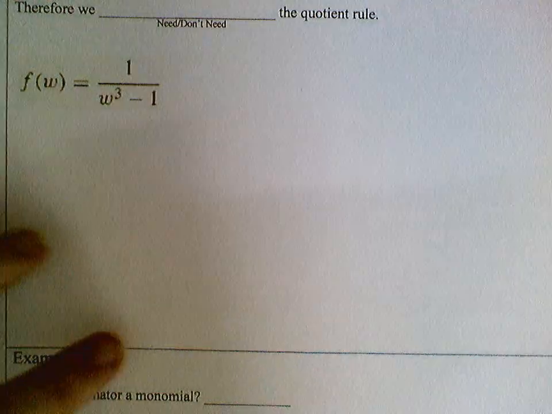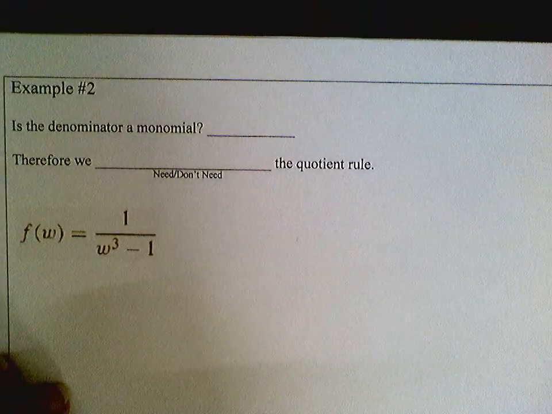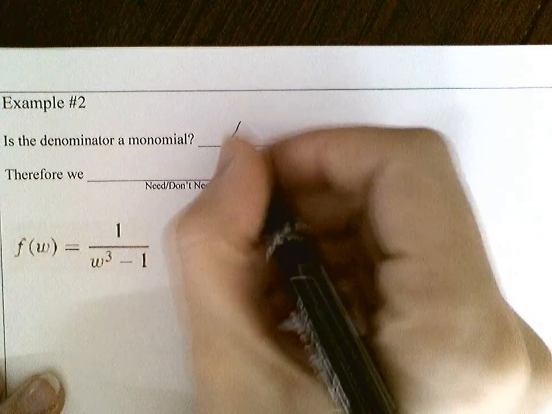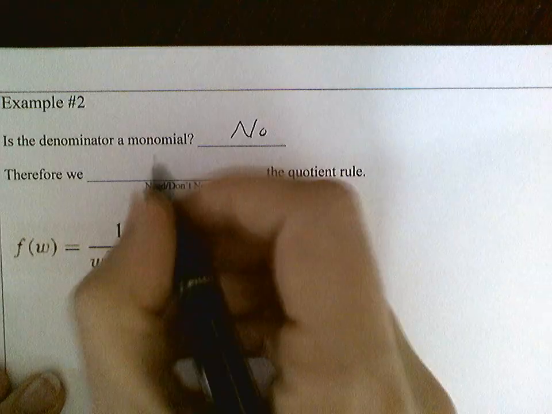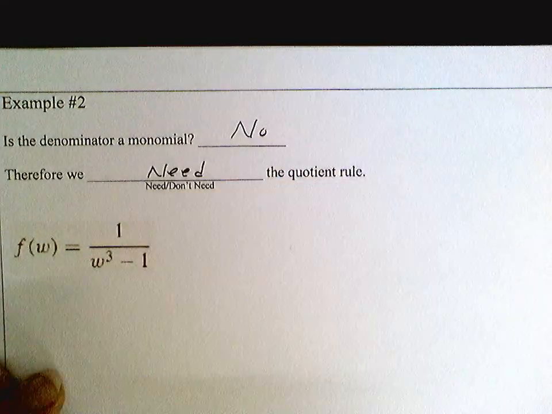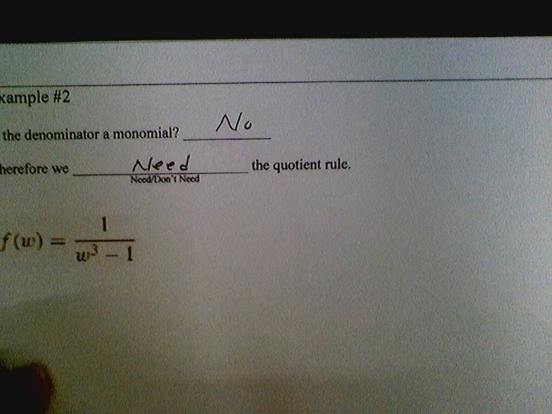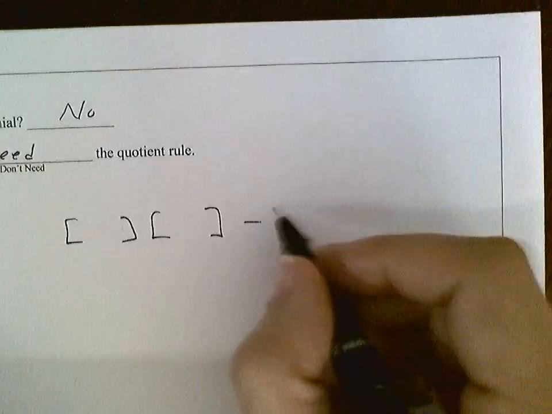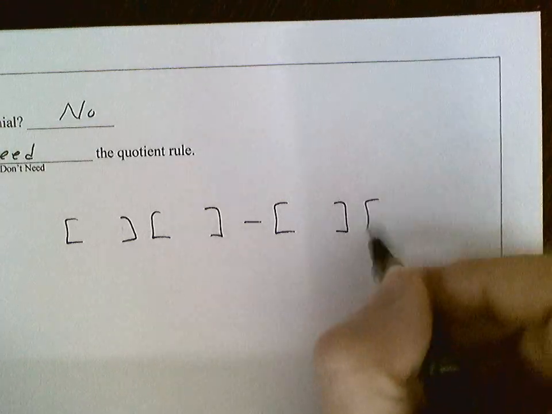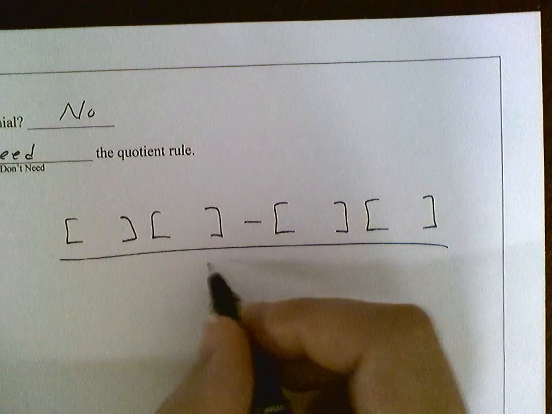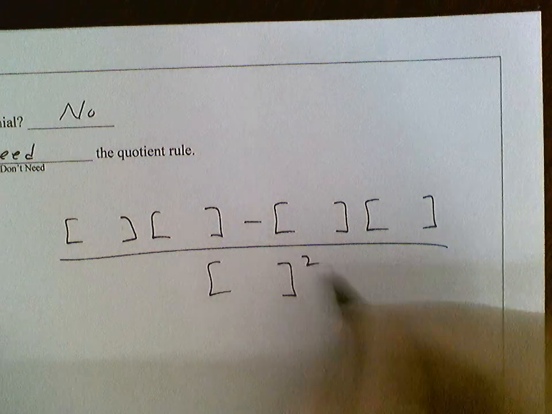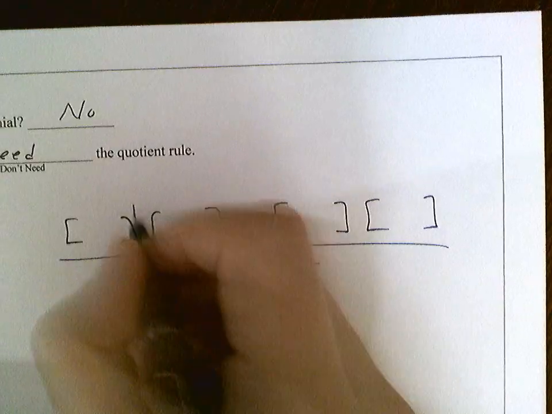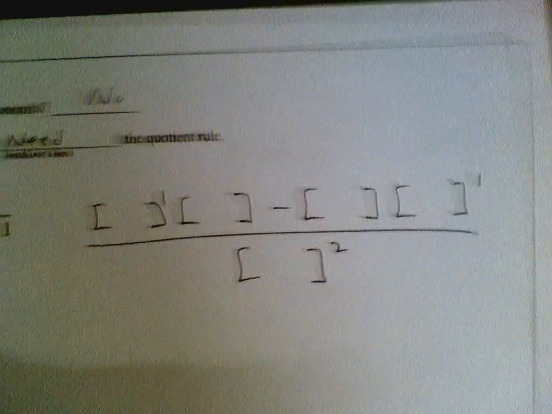Okay, so next example. Is the denominator a monomial? Again, no, that's another binomial. So therefore we need the quotient rule. So I'm going to set it up with the brackets. I'm going to have two sets of brackets, a minus between them, and the denominator one set of brackets, which I'm going to square, and then prime on the first, prime on the last.